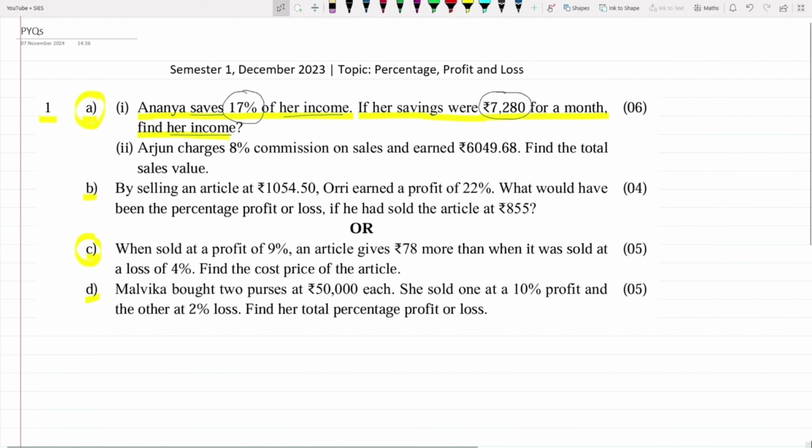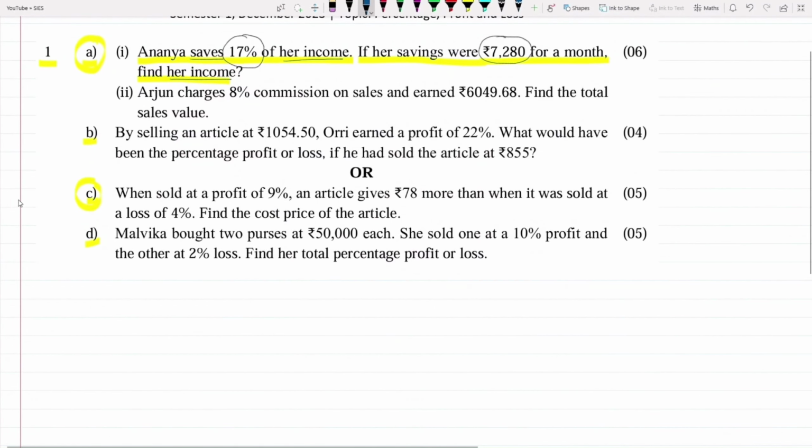So we begin with very elementary calculations. We'll introduce the variable x. Since we need to find out her monthly income, we will say let the monthly income be x rupees.